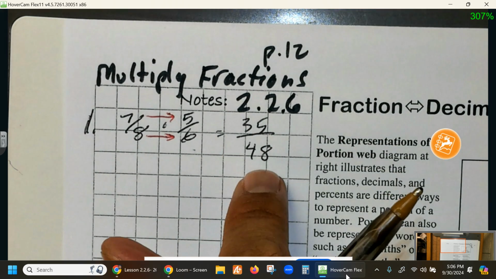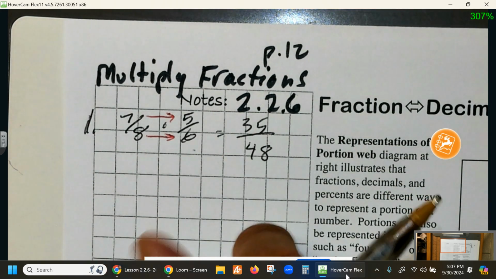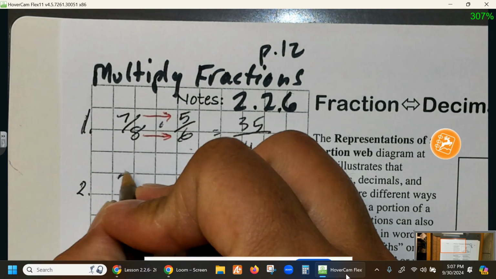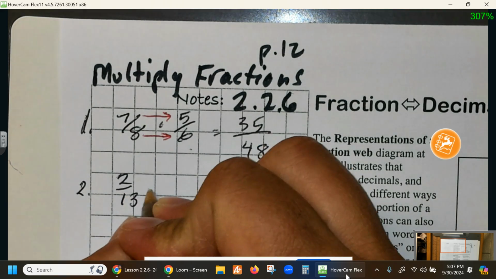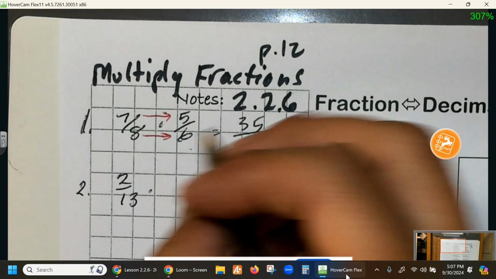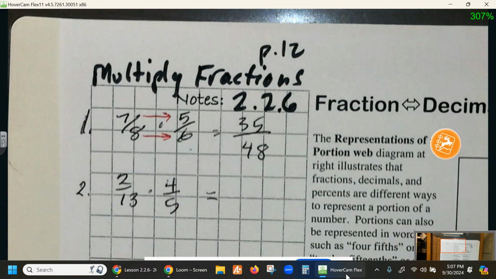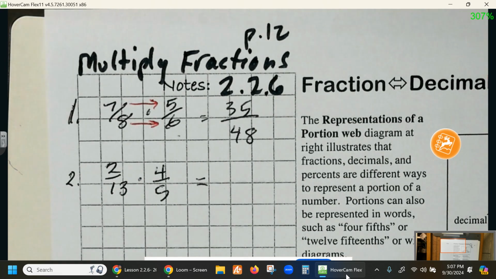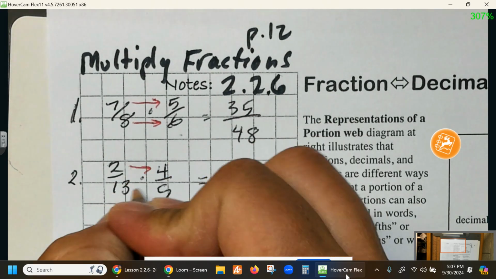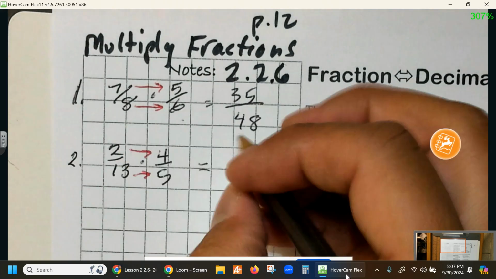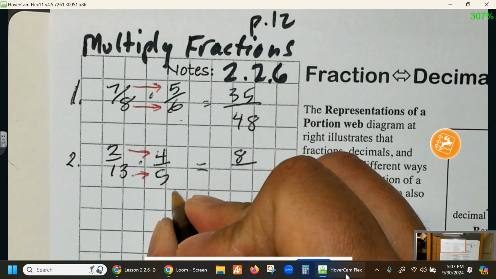So that gives us 35/48. Okay, example number 2. We have 2/13. We're going to multiply that by 4/5.